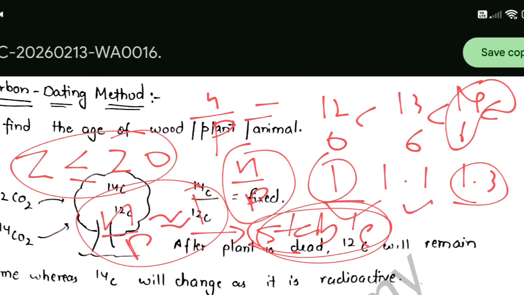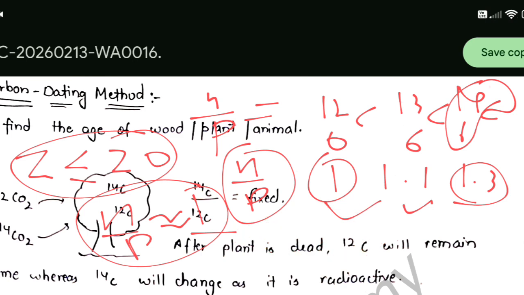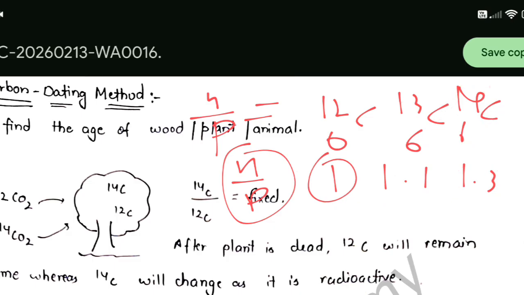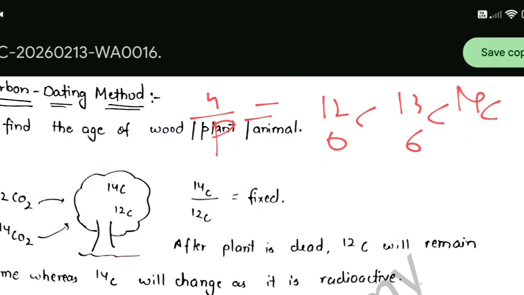Otherwise it is unstable. So we can see that the N by P value increases in 14C, so it is unstable and it is the radioactive isotope of carbon. Okay, clear? So let's go ahead.